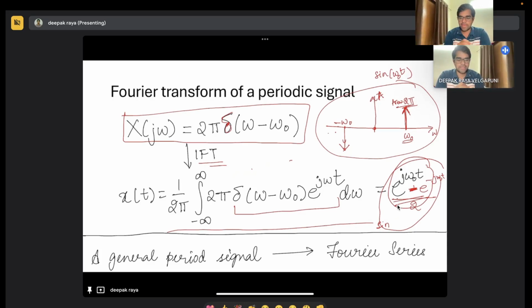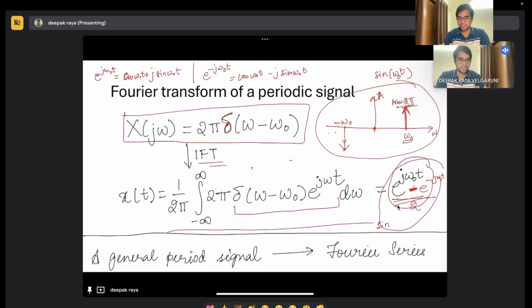Okay, so basically sine omega naught t in the time domain is a real signal. When you expand e power j omega naught t in Euler's representation, it is cos omega naught t plus j sine omega naught t, and e power minus j omega naught t is cos omega naught t minus j sine omega naught t, right?